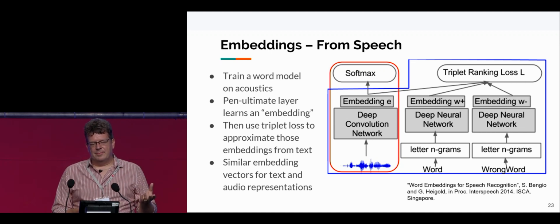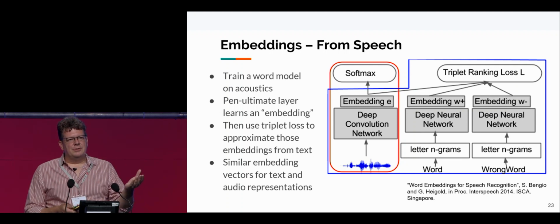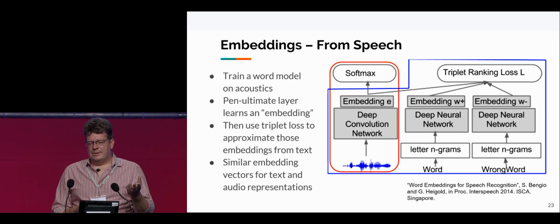So you train a system to classify words based on audio, and using a triplet ranking loss, you train other systems to reproduce those representations using not audio as input, but letter n-grams that you derive from the characters as an input.